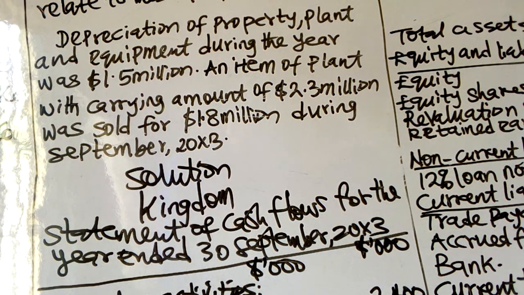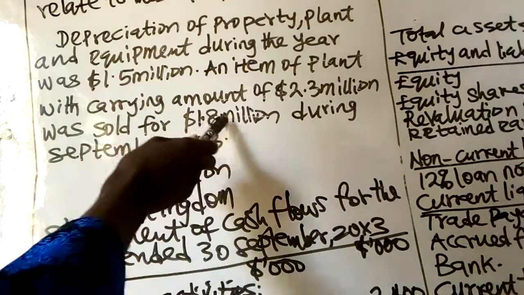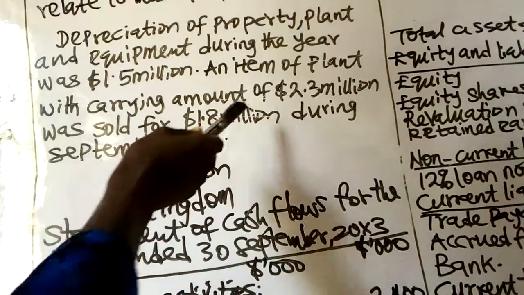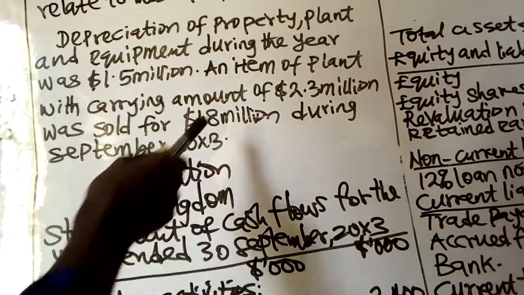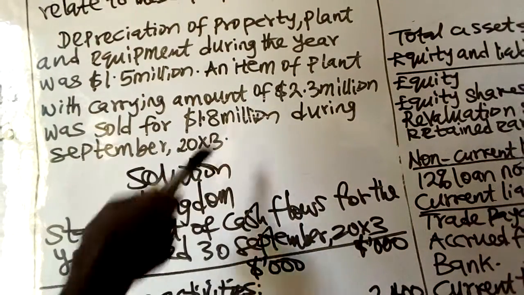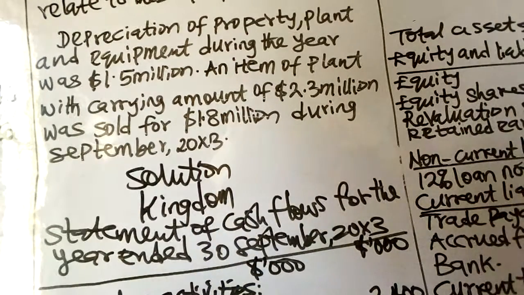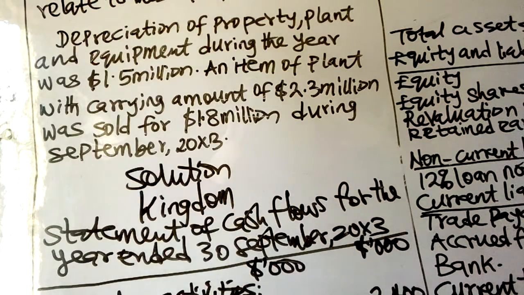When the carrying amount of the asset sold is greater than the sales proceeds, that means it is disposed at a loss. But where the sales proceeds exceed the carrying amount, it is disposed at a profit. So the carrying amount is 2.3 million and it was sold for 1.8 million. That means the asset has been sold at a loss.